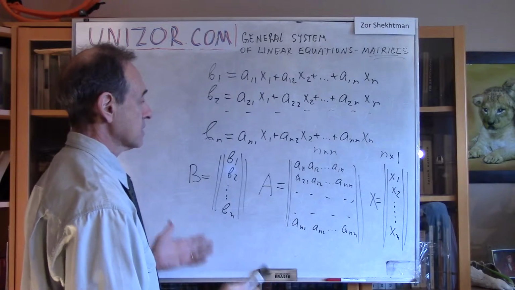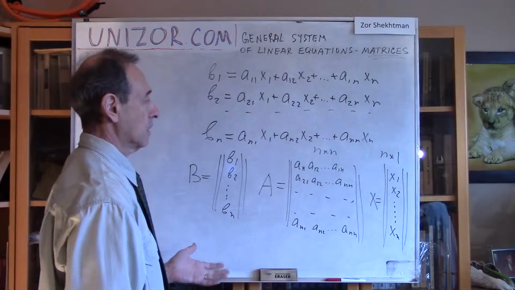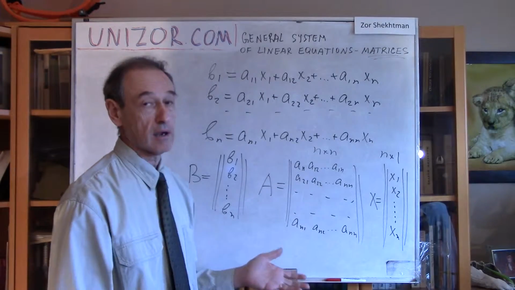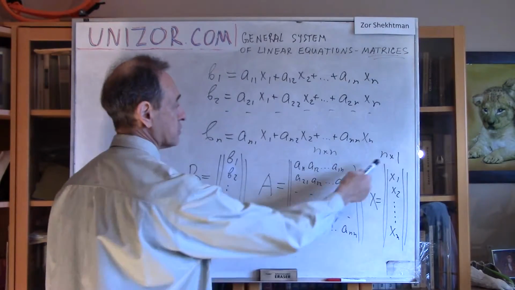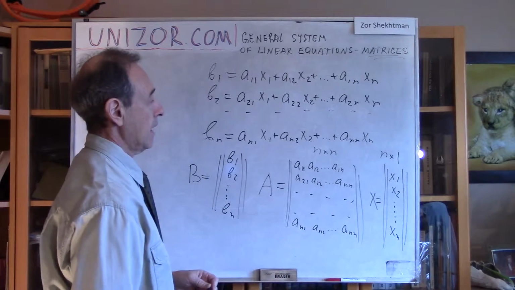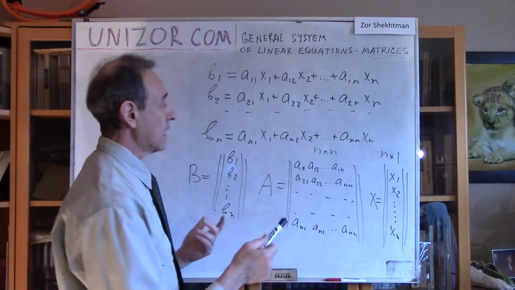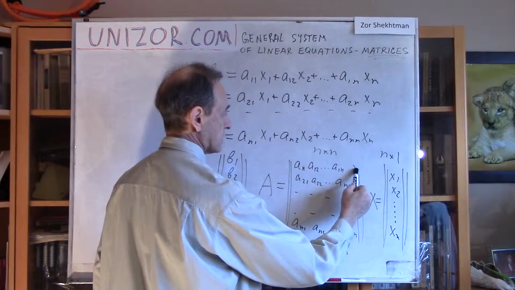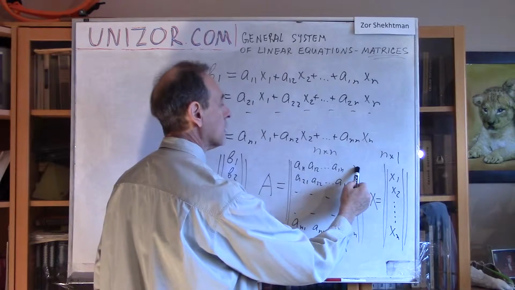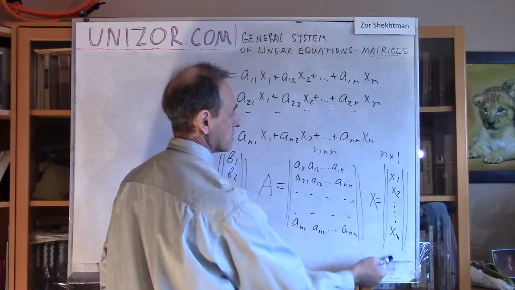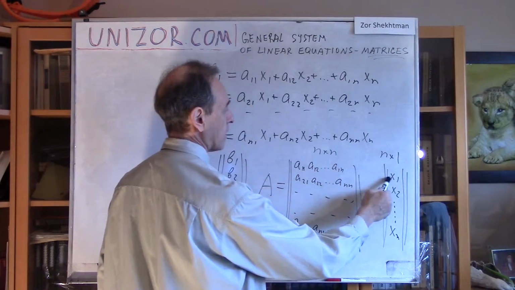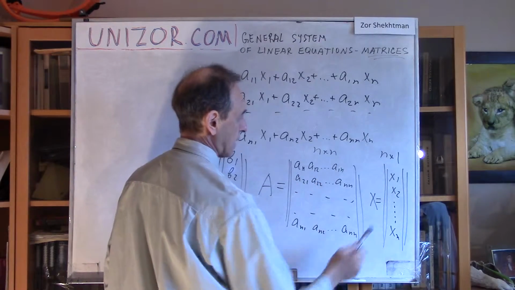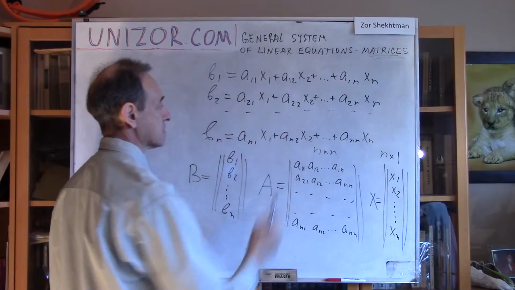Now, how would this result of multiplication look? Well, we know this is n by 1, which is actually a column vector, similar to this one and similar to this one. And the first row of this column vector would be the scalar multiplication of this row vector by this column vector, which is a11 times x1 plus a12 times x2, etc., plus a1n times xn, which is exactly the first equation.